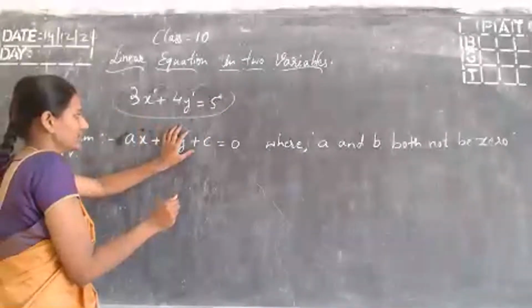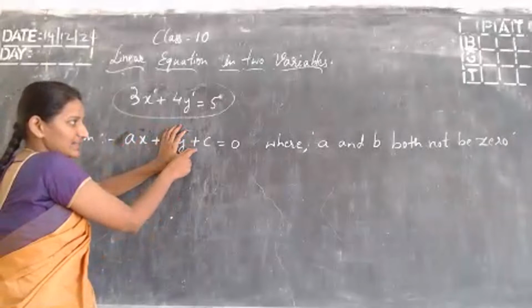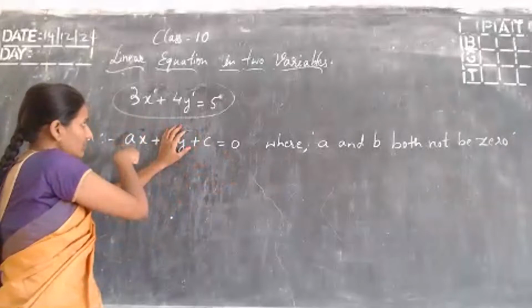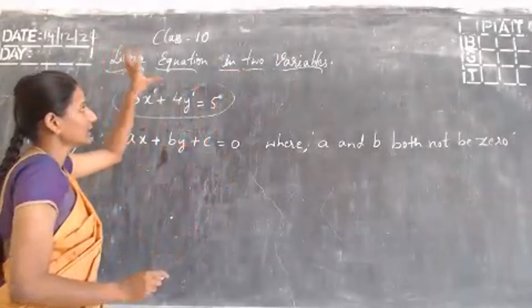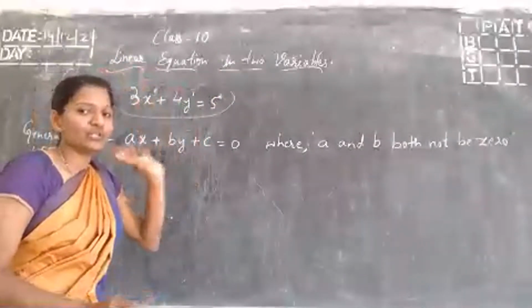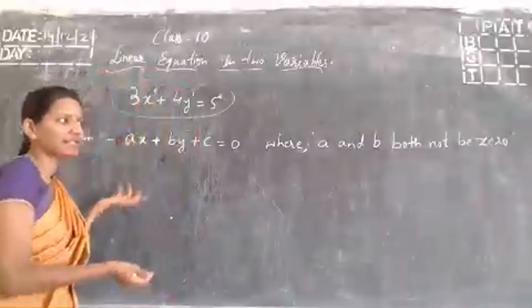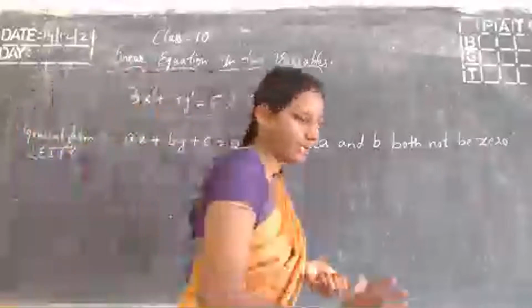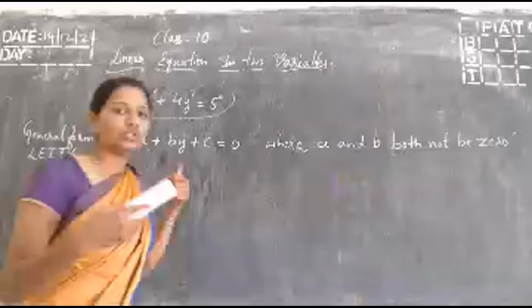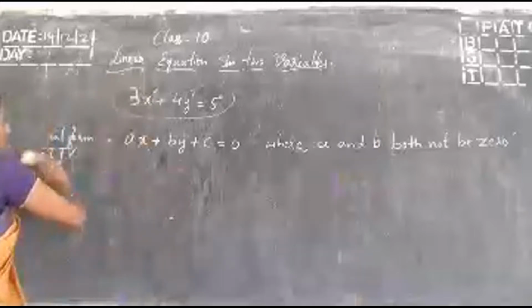If b becomes 0, what happens? ax plus c is equal to 0. This also becomes a one-variable equation, not two variables. We are discussing linear equations in two variables. I think in the previous class we already learned about one variable.